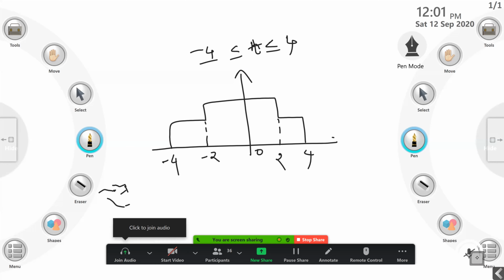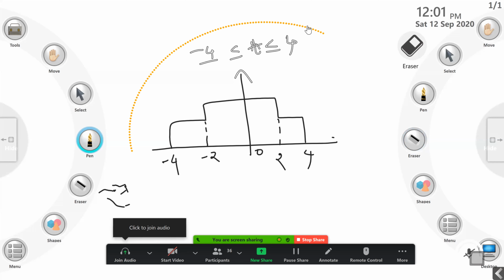Now I will give another example for you, and you need to draw x of 2n and x of n by 2. Shall I rub this? So now I will plot x of n.